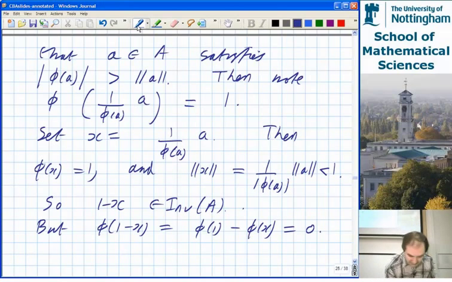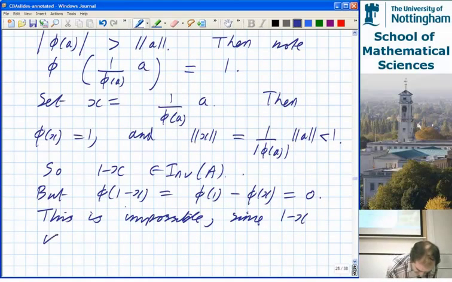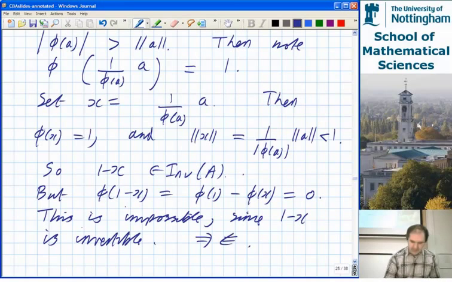That can't happen. It is impossible, since 1 minus x is invertible. So that contradiction shows that there is no such A.